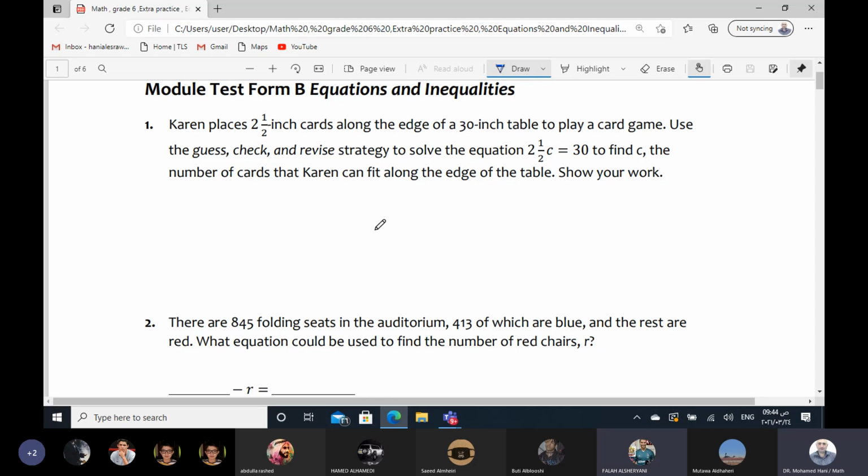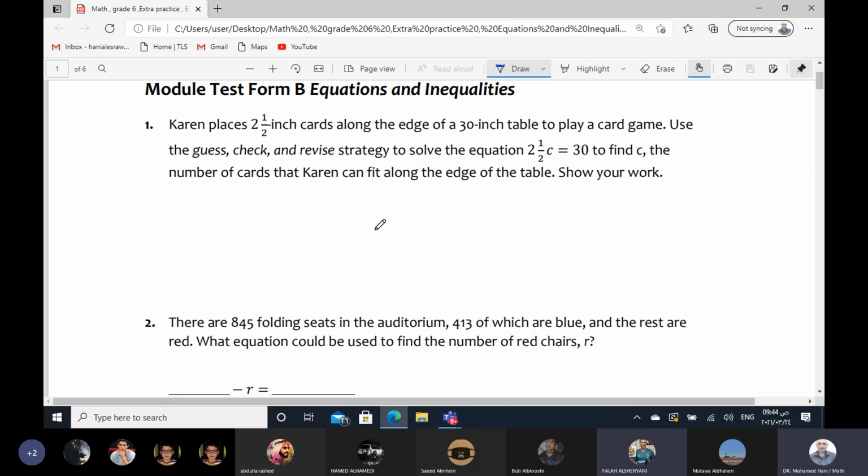Karen places 2 and 1/2-inch cards along the edges of a 13-inch table to play a card game.